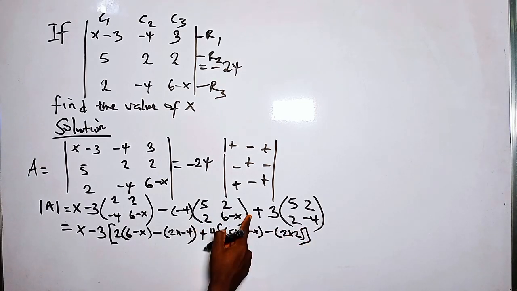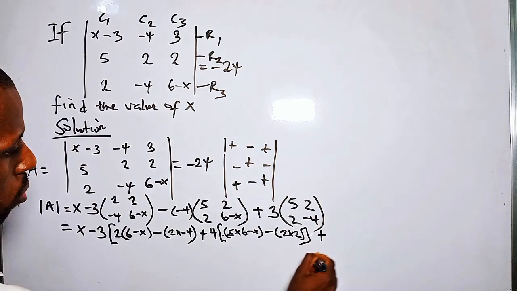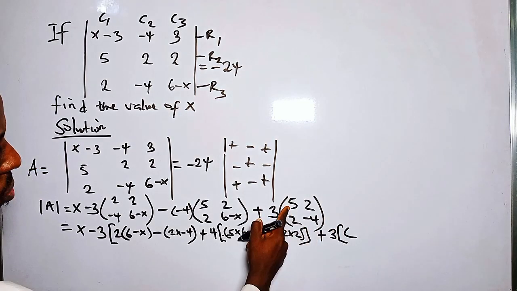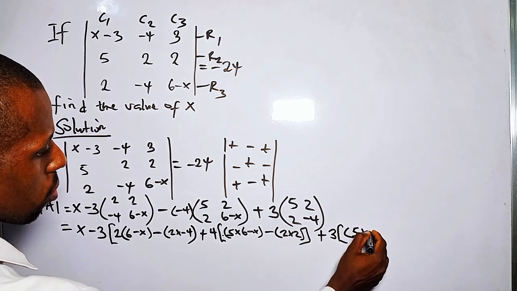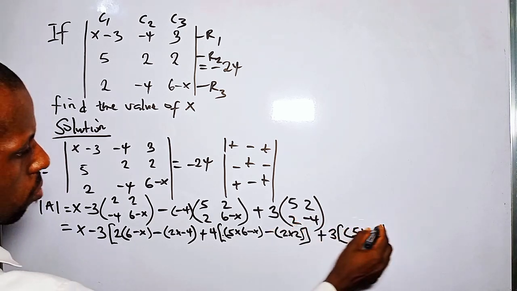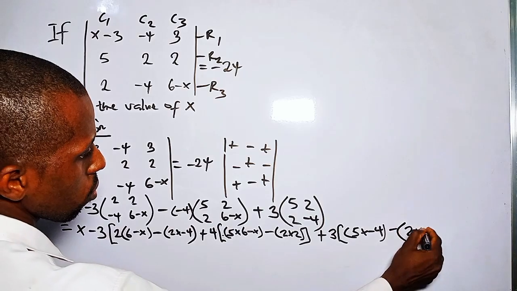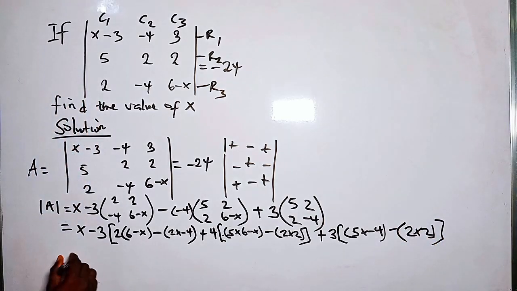For the third one we have plus 3 into 5 times minus 4, minus 2 times 2.